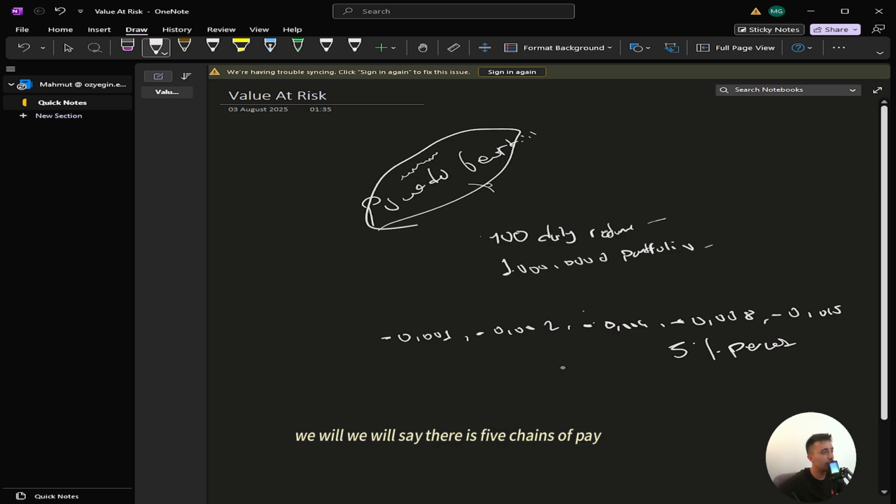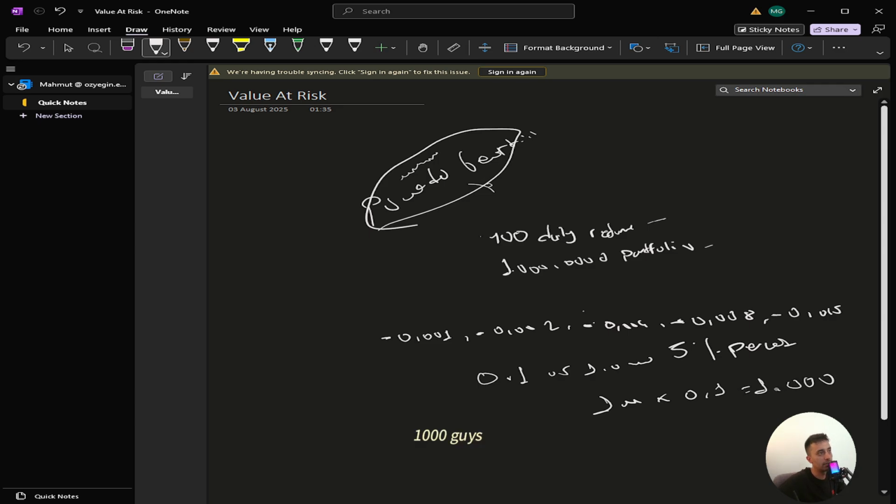And we will say there are five chances of daily loss exceeding 1%, or 1,000, because 1 million times 1% equals 1,000, guys. This is really easy to understand. This is our value at risk, daily loss exceeding, guys.